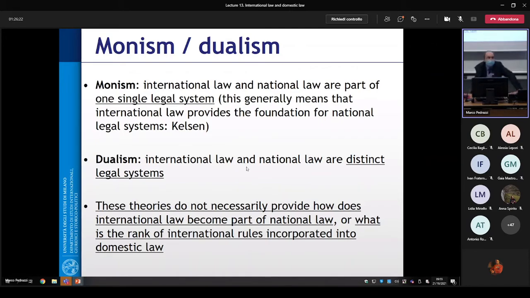We may say that in this case it is the constitution itself which incorporates treaties into the domestic law. So once again, it does not matter very much that the state is monist or dualist.